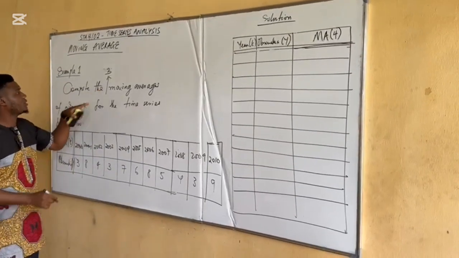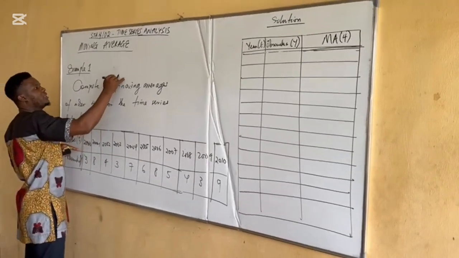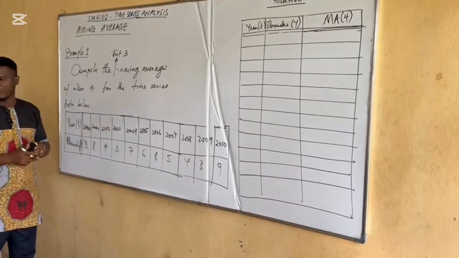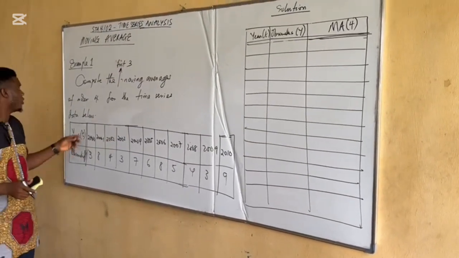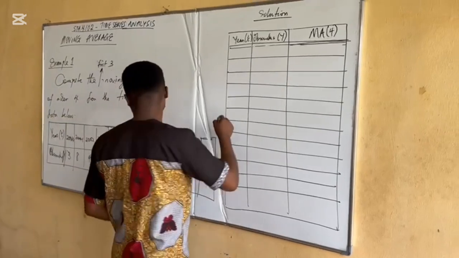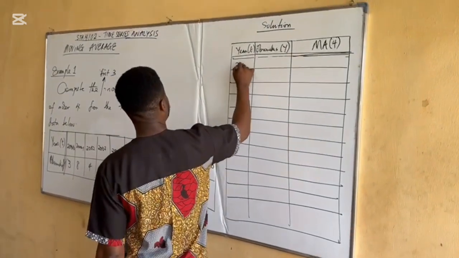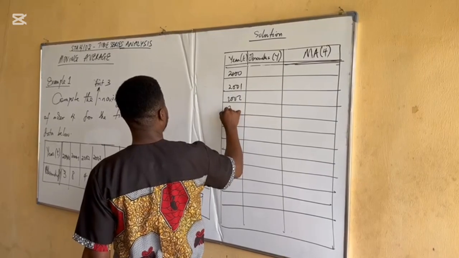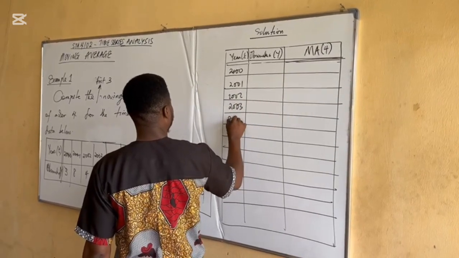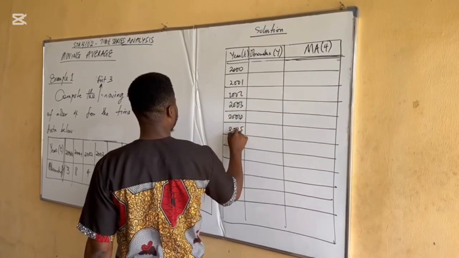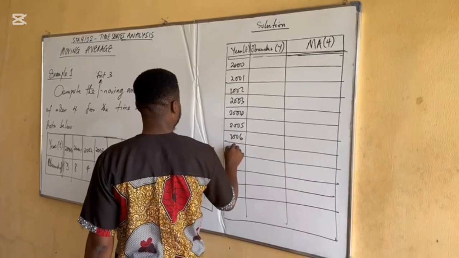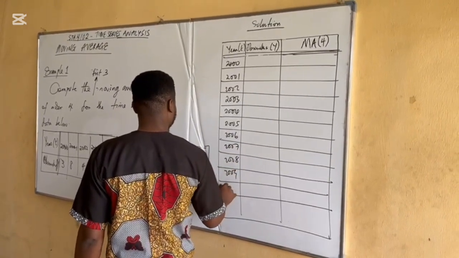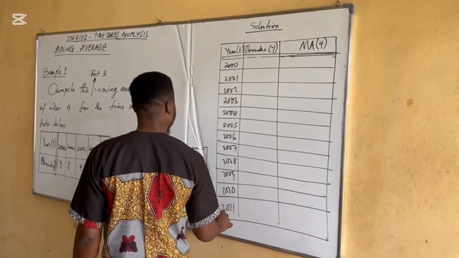So if you bring that data here, this is 2000 for the solution, 2001, 2002, 2003, 2004, 2005, 2006, 2007, 2008, 2009, 2010, and 2011.